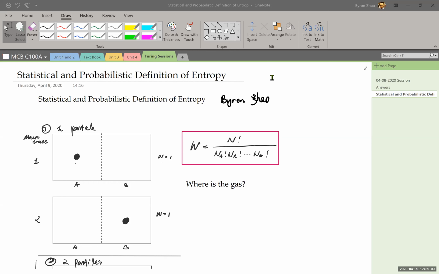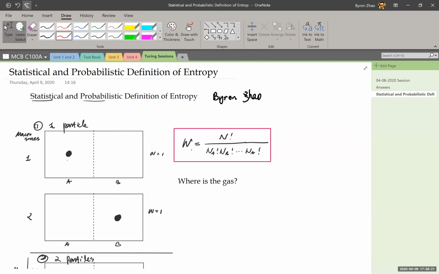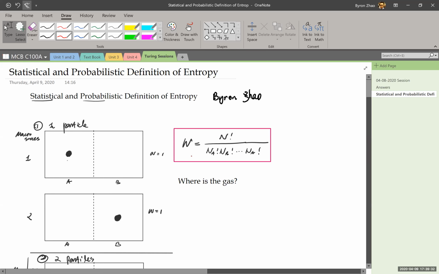So let's first remind ourselves about this definition of multiplicity, which describes how many ways you can achieve a certain macro state. It tells you how many micro states there are within a macro state.